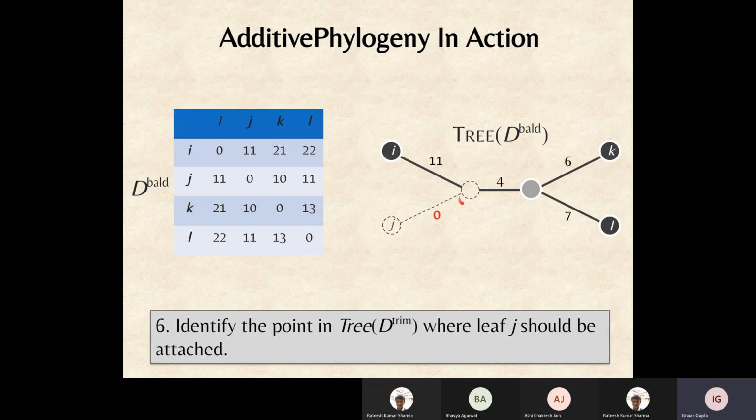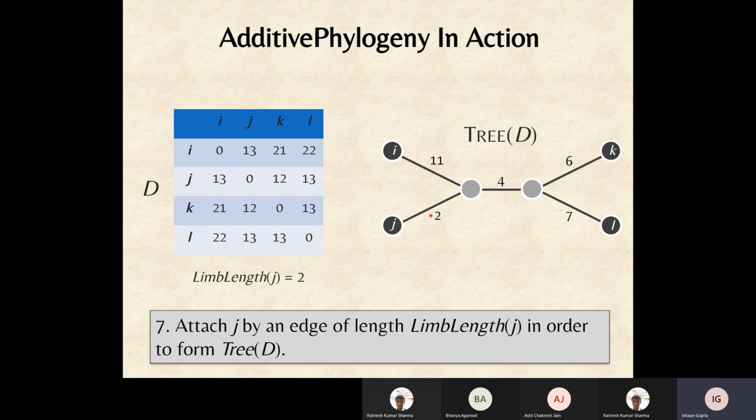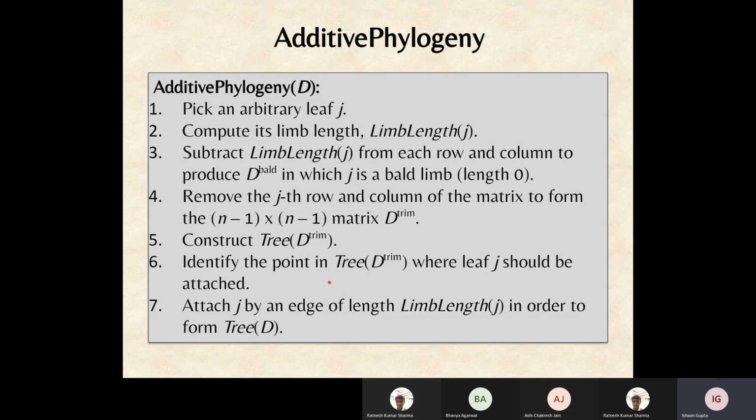J could attach at the internal node M, which can be on the I to K branch, or on the I to L branch. We don't know. To solve that, we take advantage of some prior information about the limb length of J itself. I'll show you how that works.